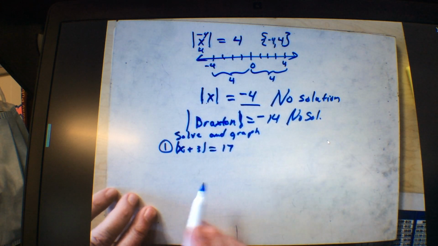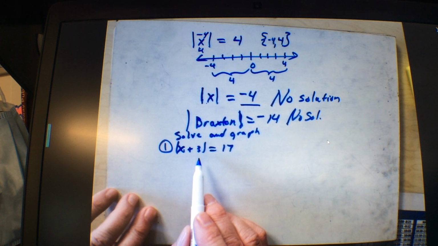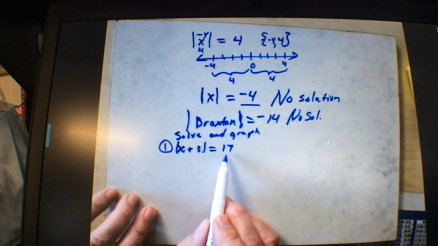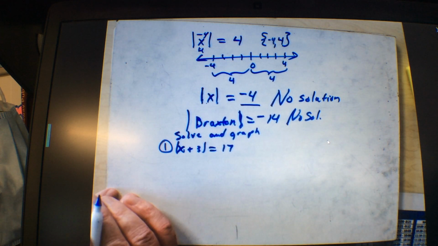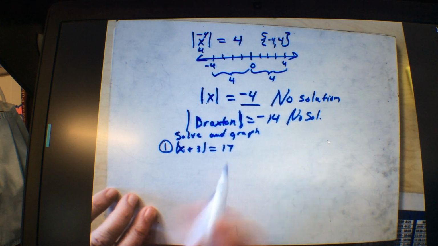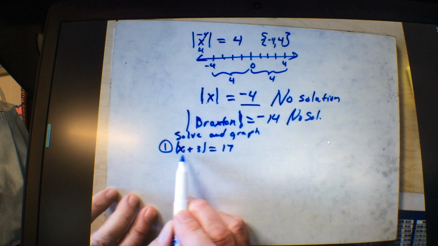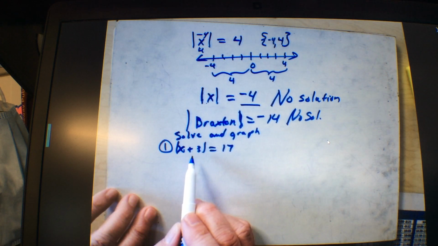Absolute value is by itself, right? Correct. Does it equal a positive number? Yeah. All right, that's good. So now we're saying the distance is 17, right? There are two numbers that this could be. Now this isn't x, this is x plus 3.